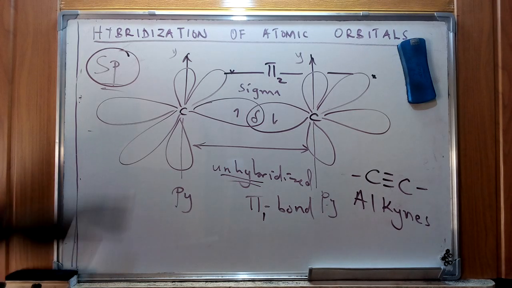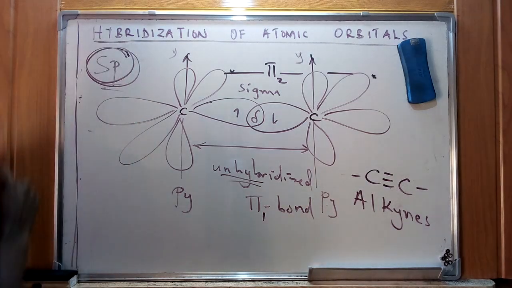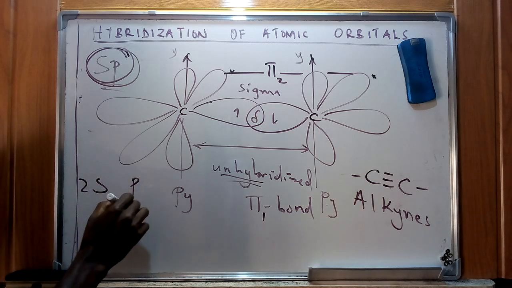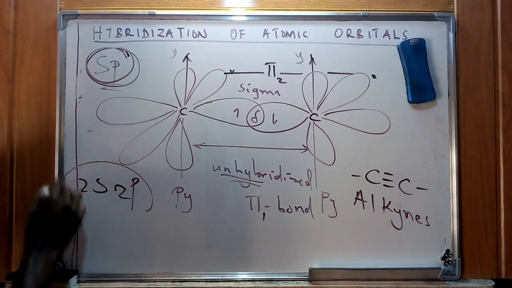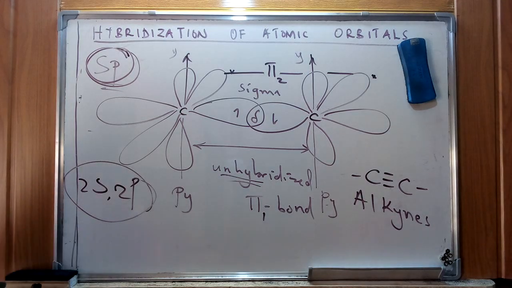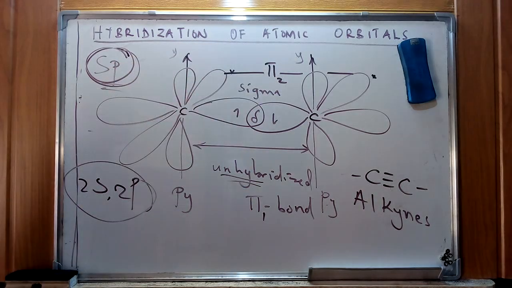So basically for hybridization of atomic orbitals, insofar as carbon is concerned, there's an interaction of the 2s and 2p orbitals, which appear in the valence shell, and therefore these are going to dictate the nature of hybridization that is going to occur insofar as these atomic orbitals are concerned. Now, the focus on hybridization of atomic orbitals is going to shed light on how these organic compounds are formed.